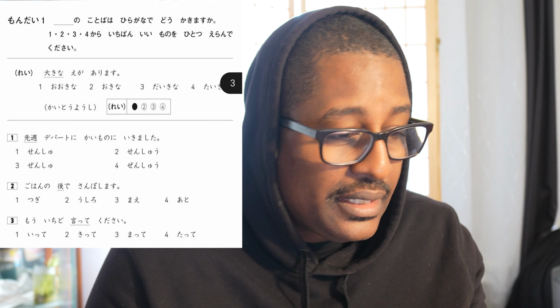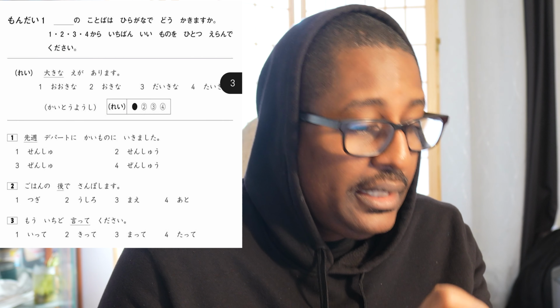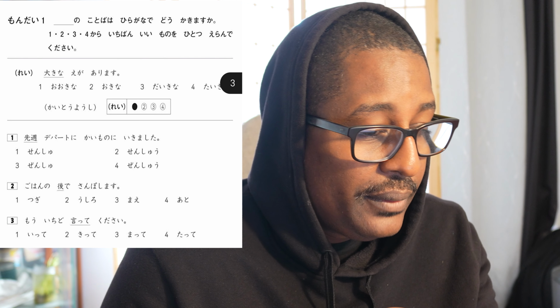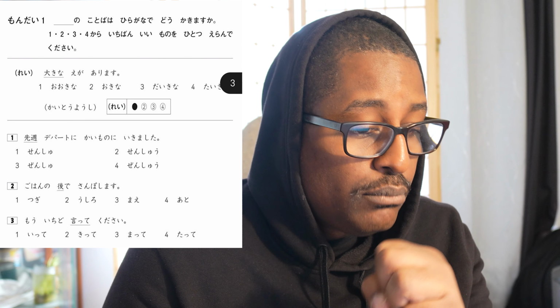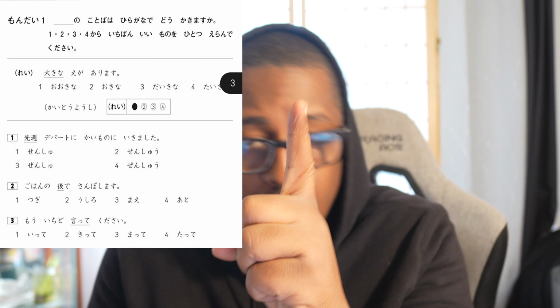And so number 1, ite, right? Number 2, kite. Number 3, mate. Number 4, tate, right? So what's the correct answer? Ichi, ni, san, yon. Number 1, right? So mo ichido ite kudasai. Please say it one more time. All or once more, right?